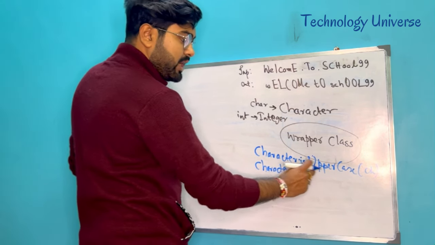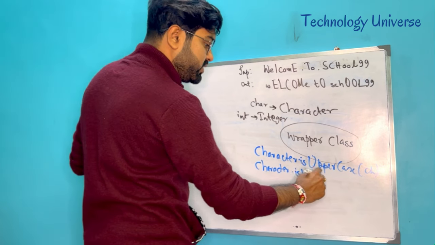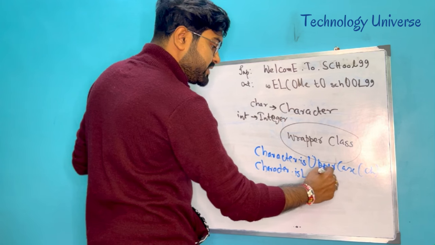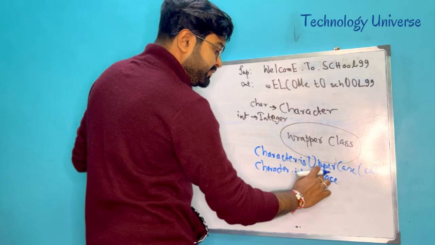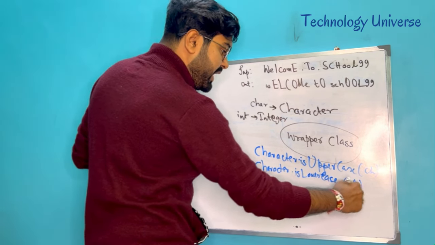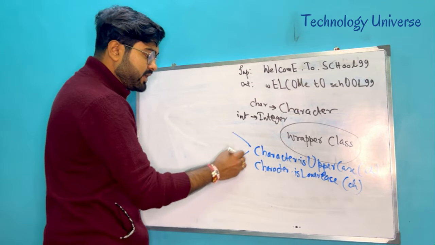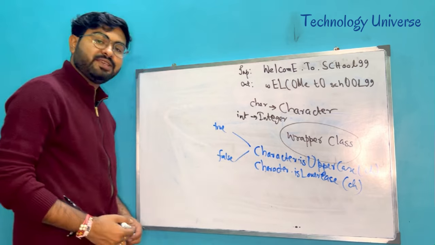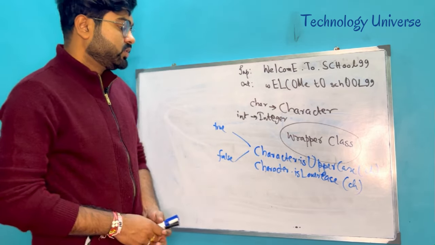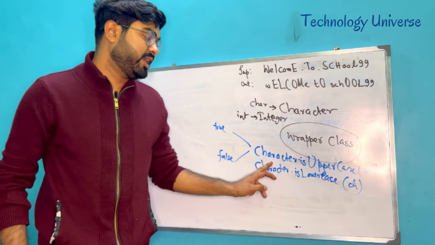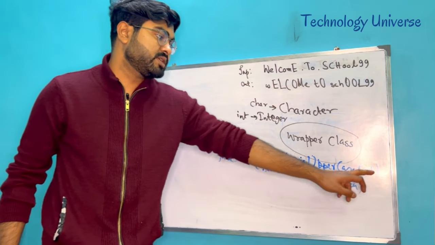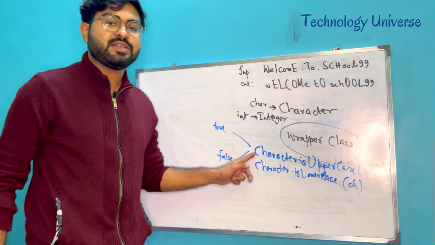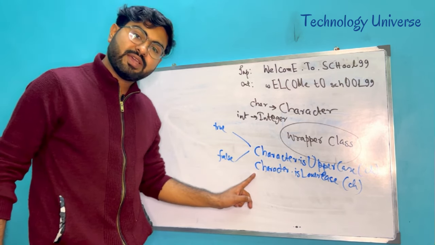Mind that U is capital, C is capital, and for lowercase also, L is capital, C is capital. Basically these methods return either true or false, so we can combine them in if statements, right? These methods from the Character wrapper class take the character and check whether it's uppercase or lowercase. This one checks uppercase or not, this one checks lowercase or not.